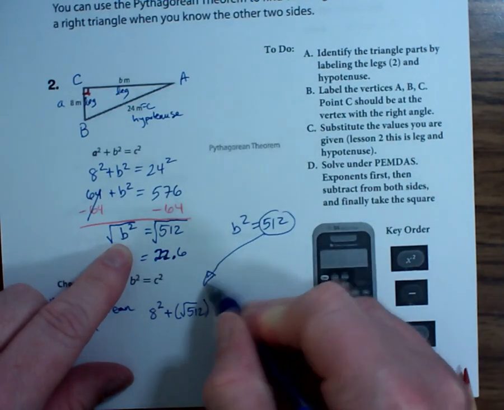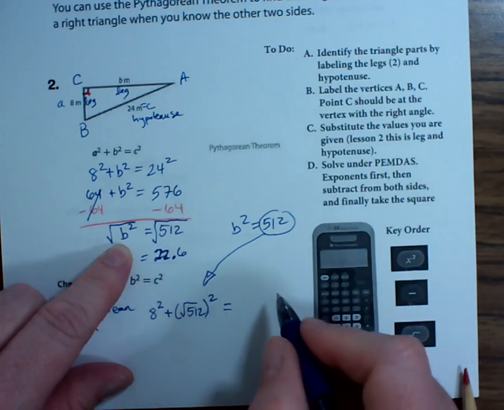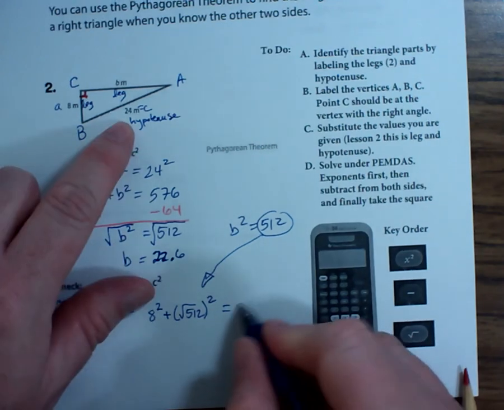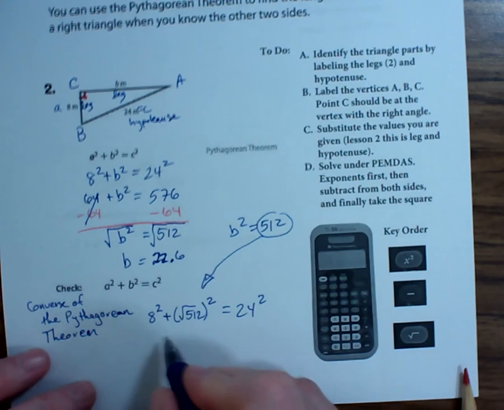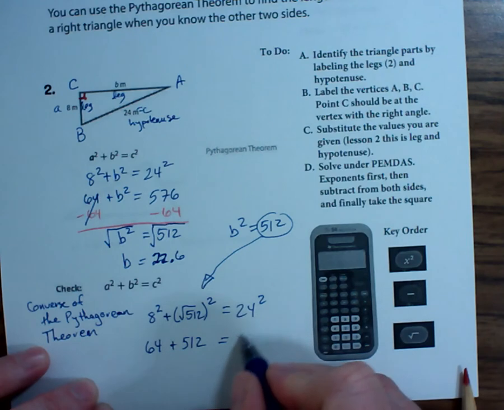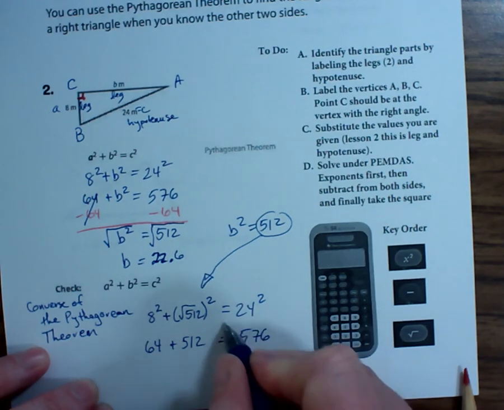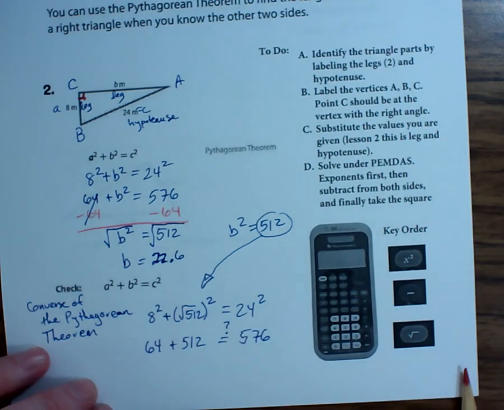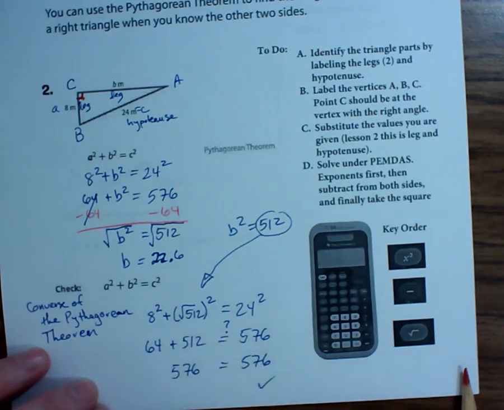You're going to get the same thing. And c is 24 squared. So I have 64 and 512 equals 576. And I'm asking myself if I did my calculations correctly. And you see that 576 does equal 576, so it checks.